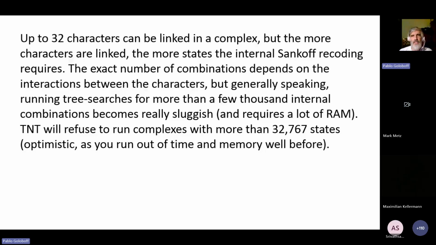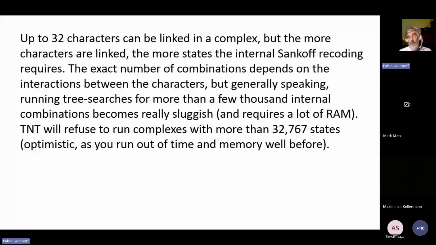The exact number of combinations depends on the interactions between the characters, but generally speaking, running tree searches for more than a few thousand internal combinations, which is to say a few thousand states in the step matrix character, internal character, becomes really sluggish and requires a lot of RAM. And TNT is going to refuse to run complexes with more than 32,000 states, which is optimistic because you run out of time and memory well before.